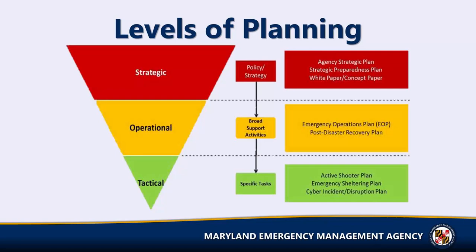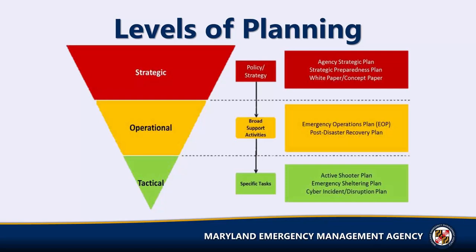This figure illustrates the 3 levels of plans, starting with strategic plans being the most broad to tactical plans, which outline specific processes and tasks. Strategic plans focus on broad concepts, outline principles, and describe strategies for addressing an issue. Examples include strategic plans, concept papers, and other broad documents.